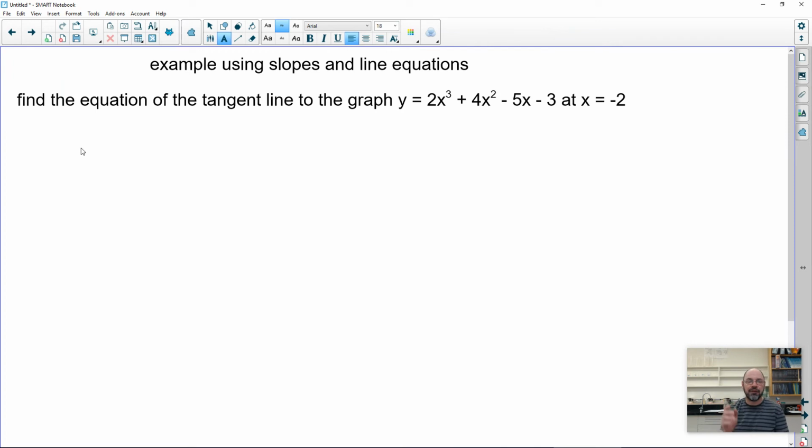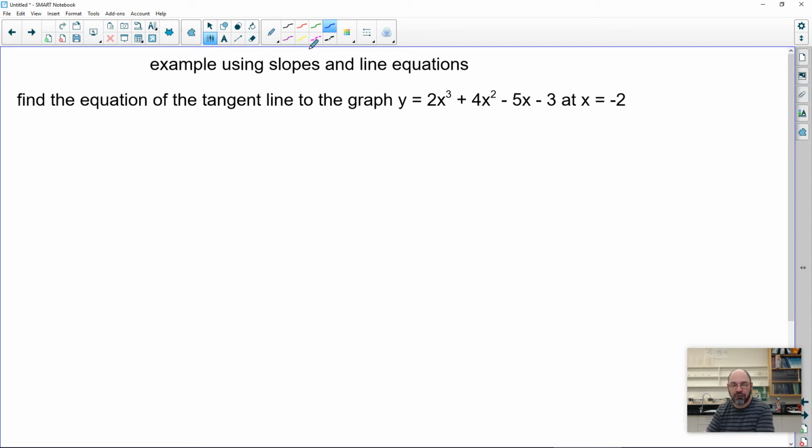So find the equation of the tangent line to the graph y equals 2x cubed plus 4x squared minus 5x minus 3 at the point x equals negative 2. So the first thing we want to do is to find the point on the curve. Step 1.